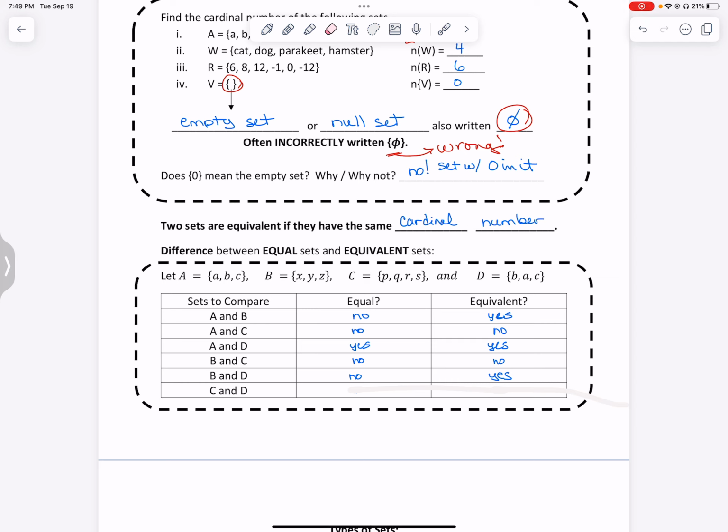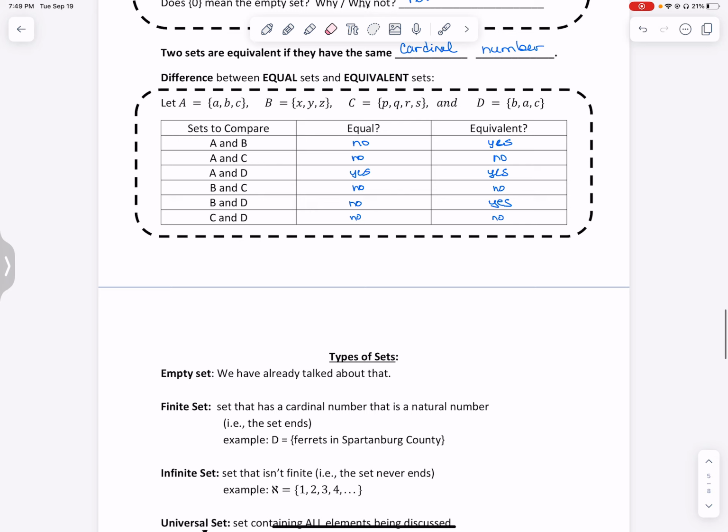So equal has to have the same exact elements. Equivalent means the cardinal numbers are equal. So C and D, there's C, here's D. They do not have the same elements, and they also don't have the same number of elements. So that's the difference between equal and equivalent sets.